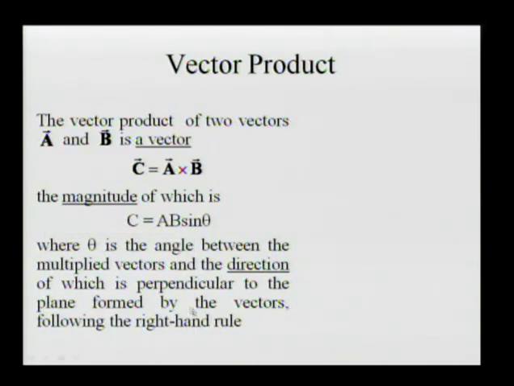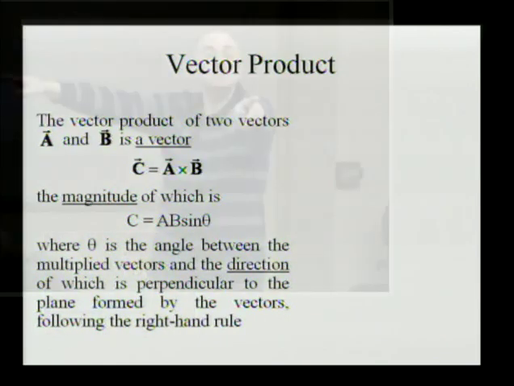The direction is perpendicular to the plane formed by these two vectors, which means that it is perpendicular to each of those two vectors. So let's say that I have one vector like that and one vector like that. Show me a direction perpendicular to both, simultaneously.